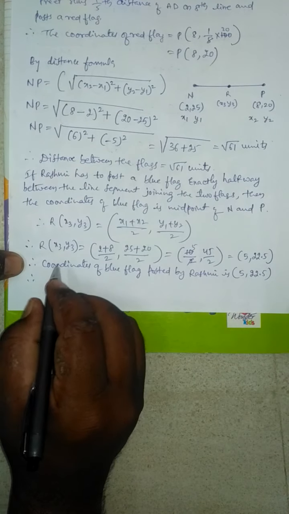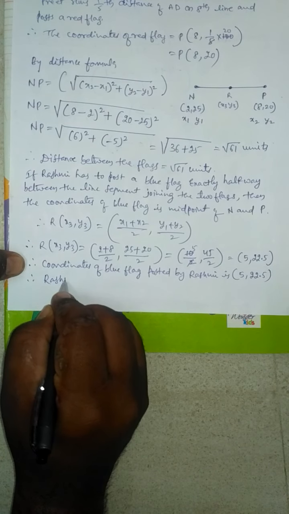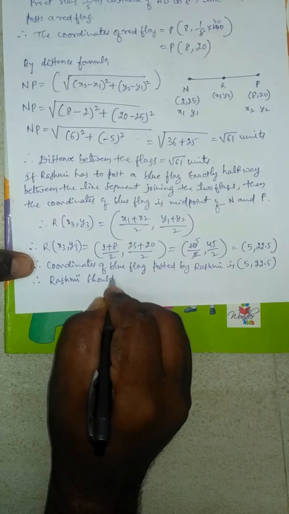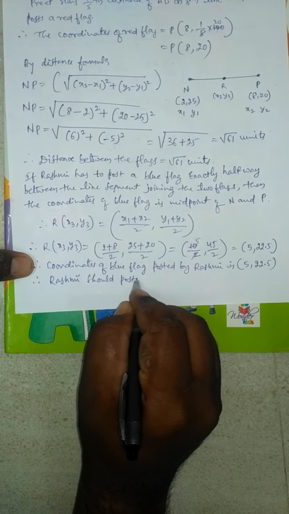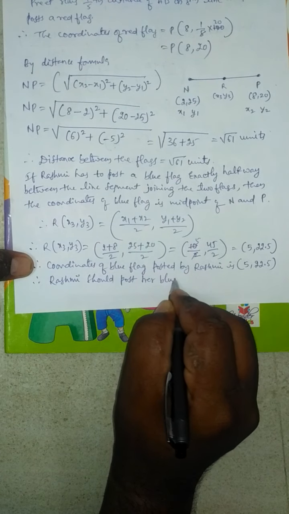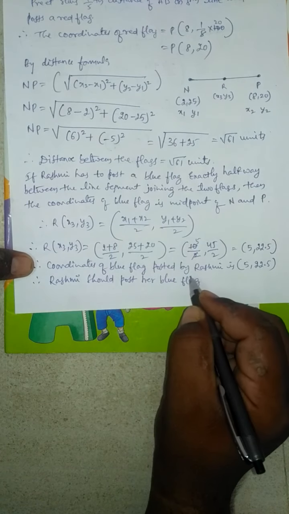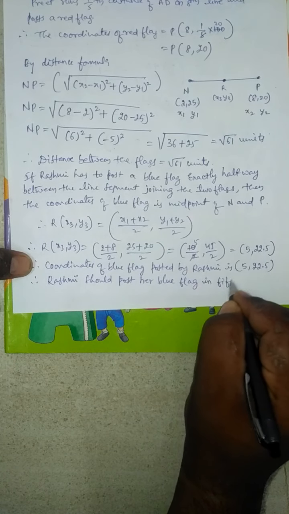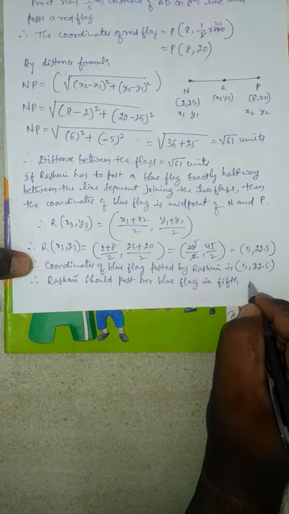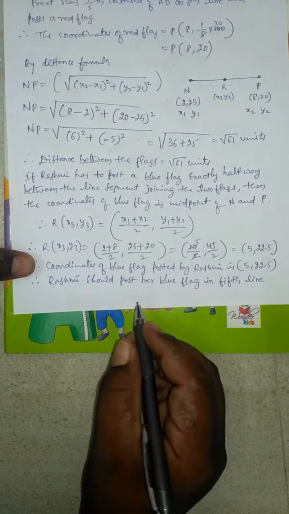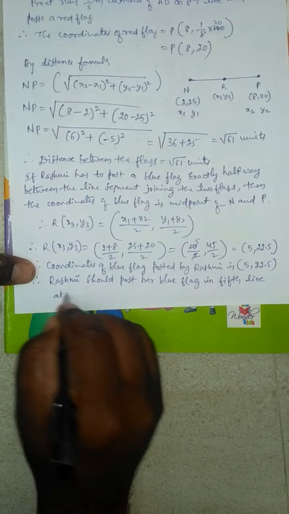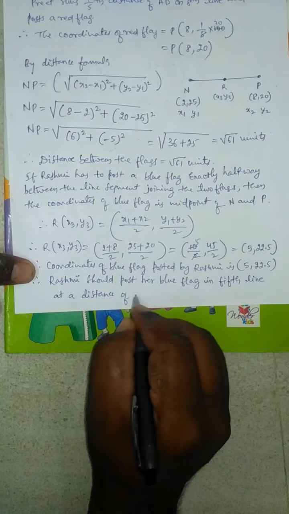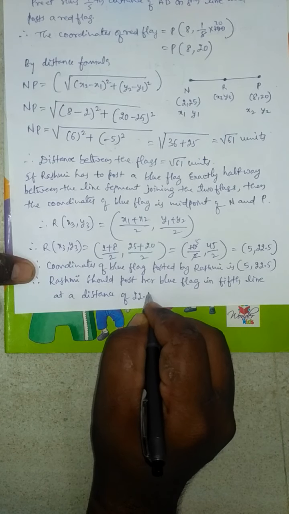Therefore, Rashmi should post her blue flag in fifth line at a distance of 22.5 units.